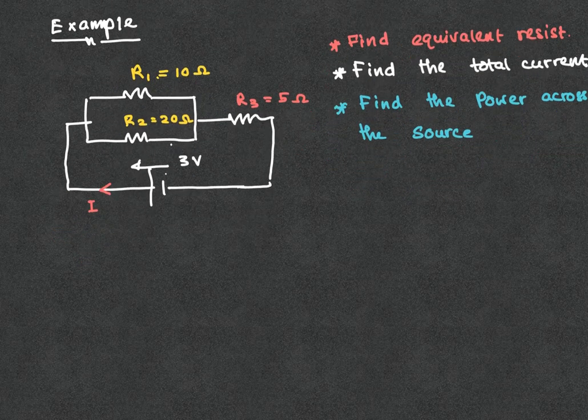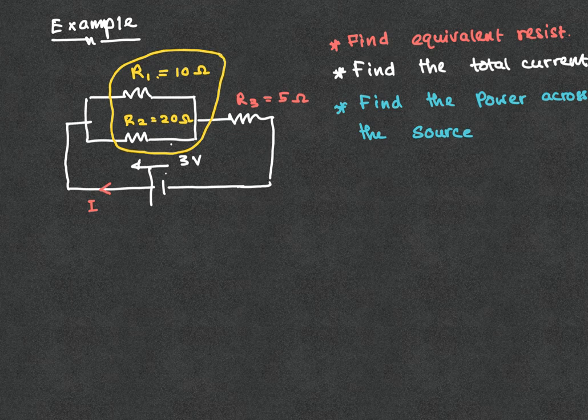Now, as I discussed in the class, first things first, we have a place where you have two resistors in parallel. So you mark that area and you are going to find the equivalent of R1 and R2. The equivalent of R1 and R2, I can call it R12.